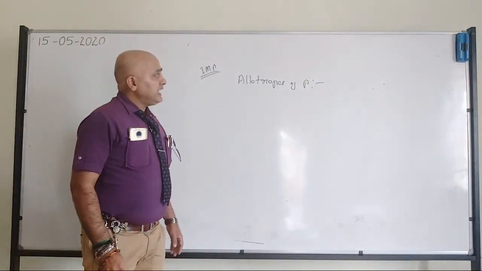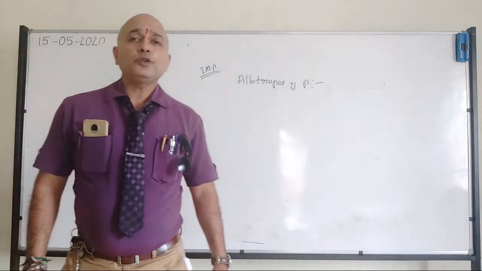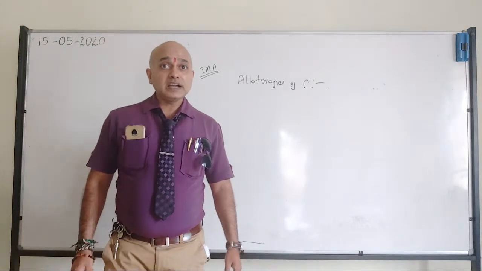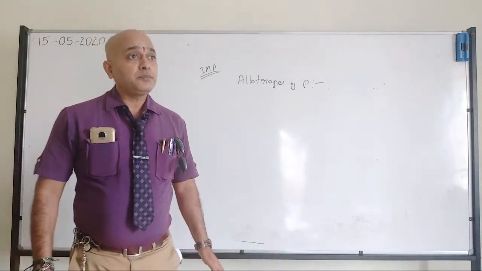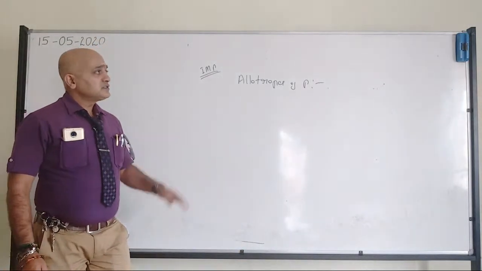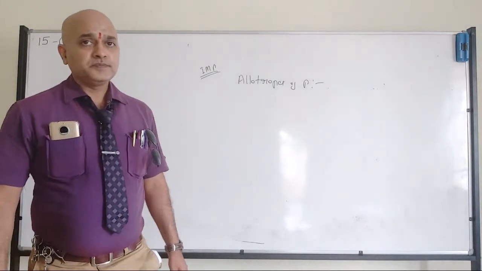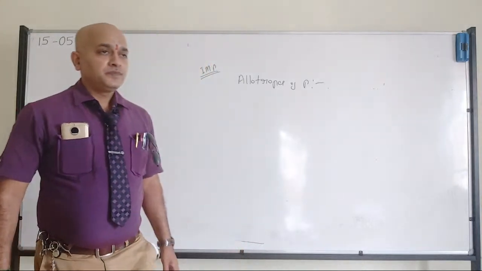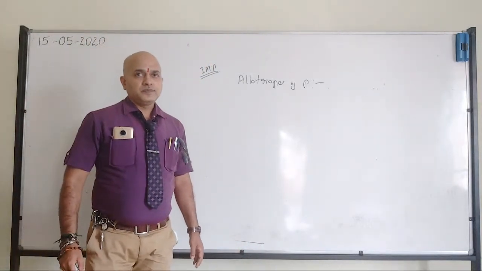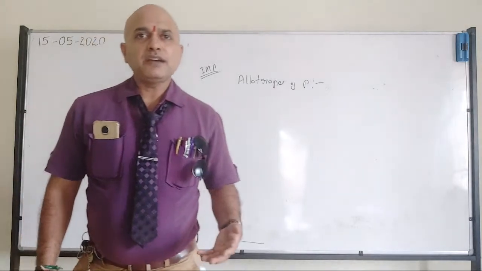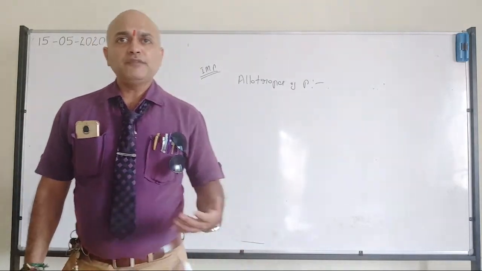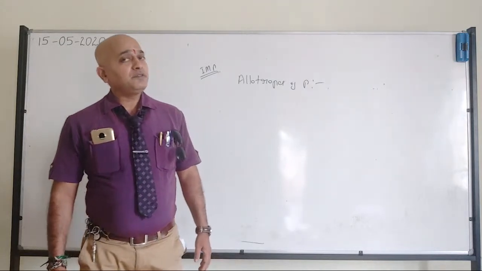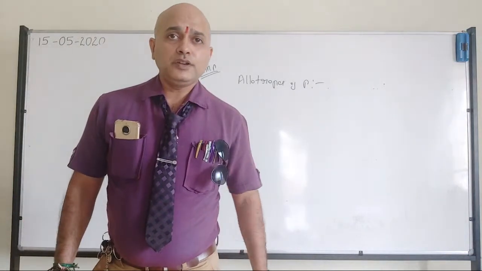Before going to the explanation, what do you mean by allotropes? I have only taken the class for some of you with regard to allotropes of carbon, right? In first year. So what do you mean by allotropes? Isotopes are different, allotropes are different, no doubt.